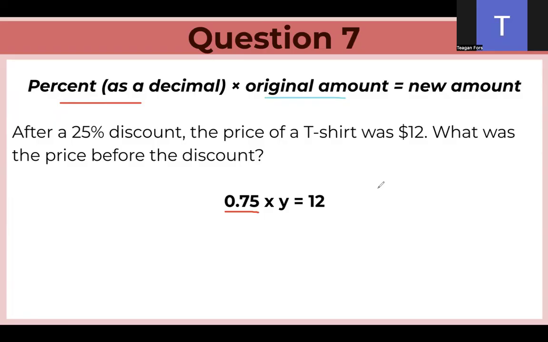We're trying to figure out what the price was before the discount. So I'm representing that as my variable of y. And then my final or my new amount, we know to be $12 because after the discount, the price of the t-shirt was $12. So that is representing my new amount. Now, try and solve this one for y.